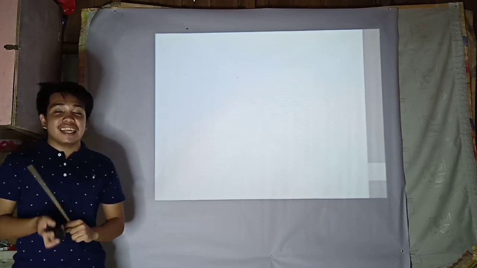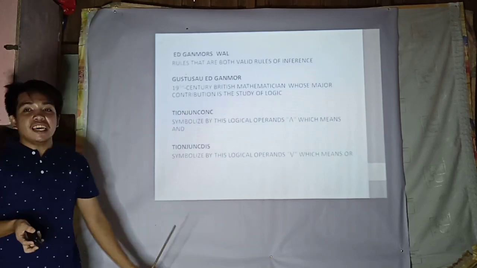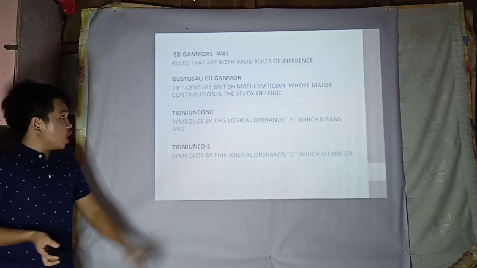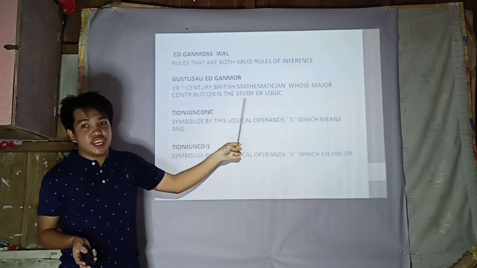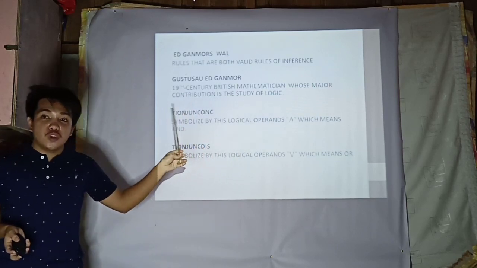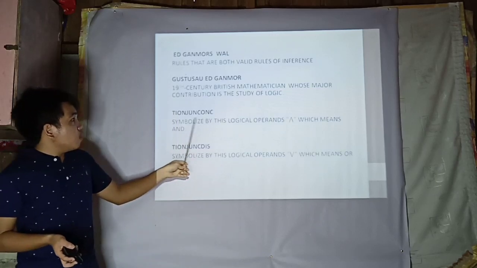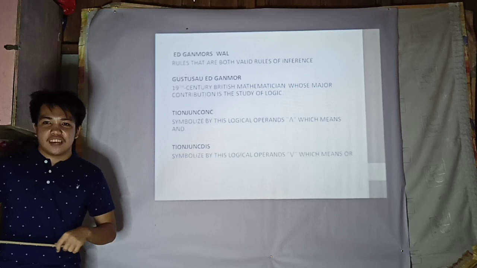Okay. So before we proceed to our discussion, let us first have an activity. This activity is what we call jumbled letters. Each set of jumbled letters is provided with its meaning and definition for you to be able to know the words. These jumbled letters are related to our topic for today's discussion.